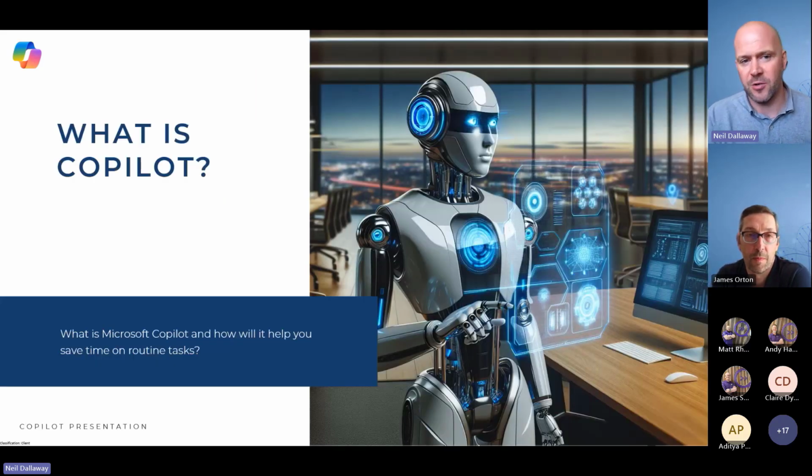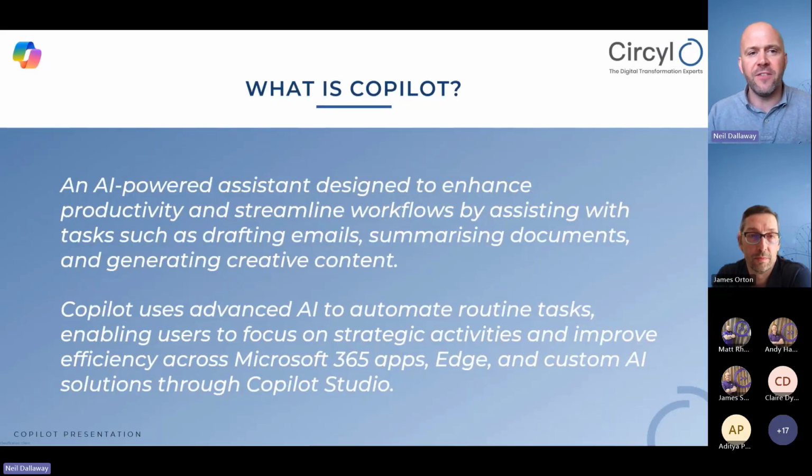So what is Copilot and how does it help? In general terms, it's an AI powered assistant. However, in layman's terms, it's like having a personal assistant within your Microsoft 365 applications. So it can help with a variety of tasks, making your work life easier and making you much more efficient.